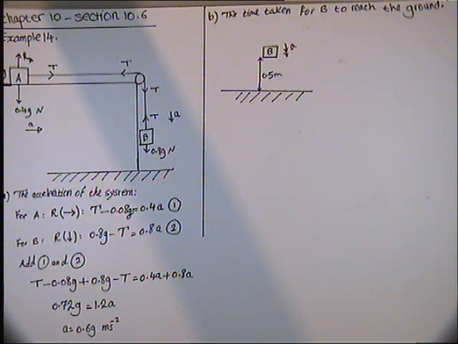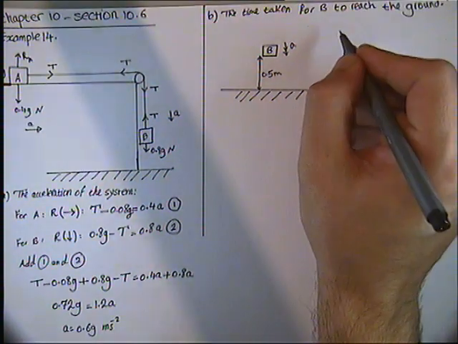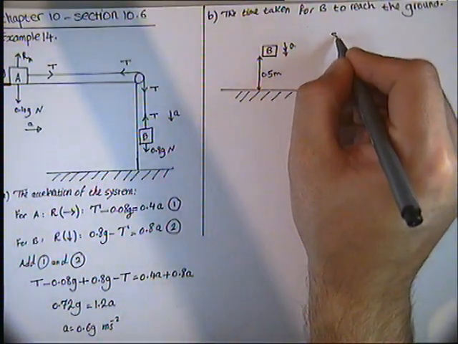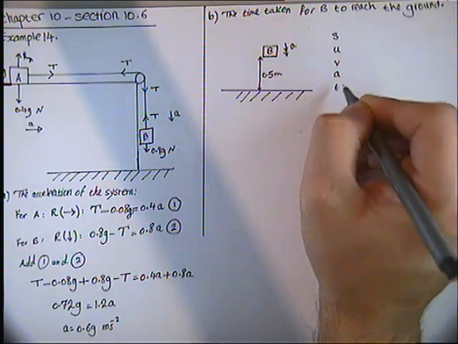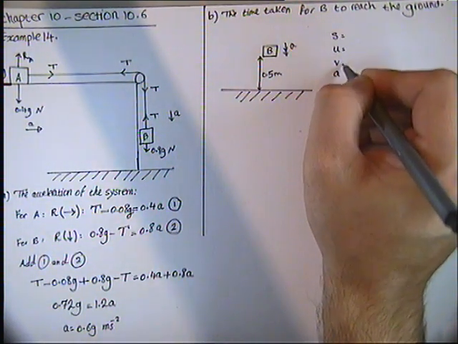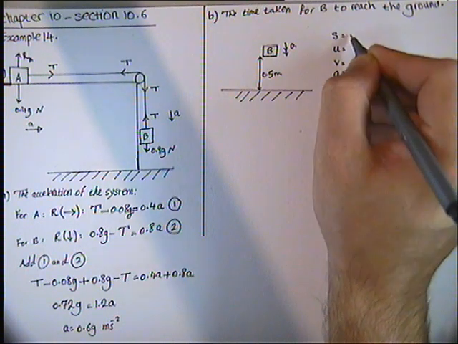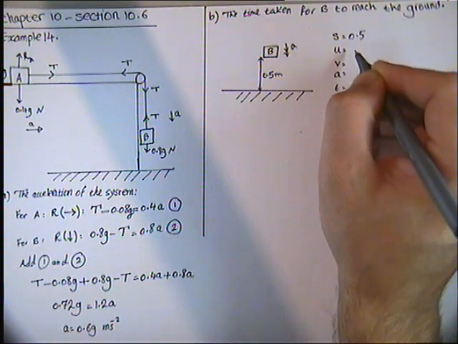Of course, when it's asking about the time, here we're going to make a link between Newton's law and the SUVAT equation. So let's write down all the information we've got. We know that S is 0.5.